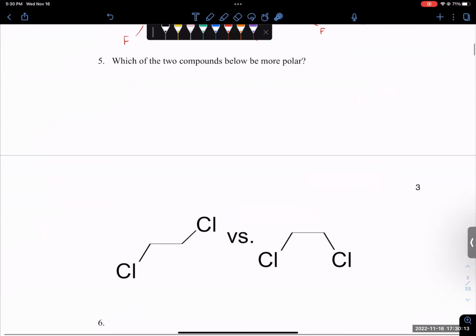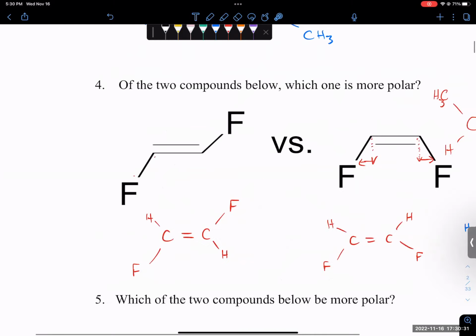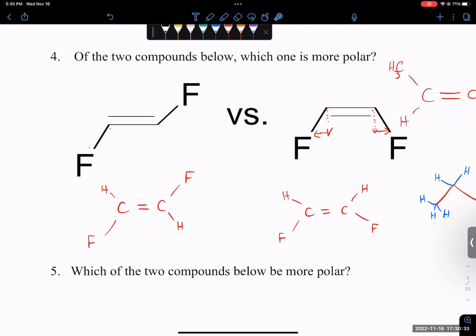Okay, I'll give you all a couple seconds to think about which one is polar, and which one is more polar. It's important to note that for this one right here, the reason they're isomers is because that double bond, that pi bond, is going to restrict free rotation.